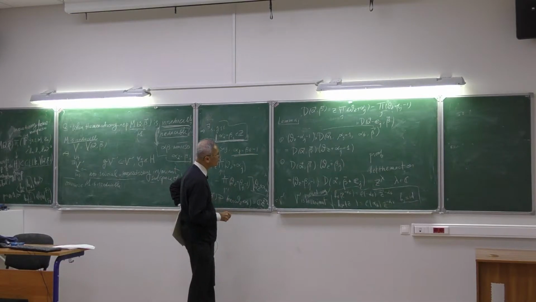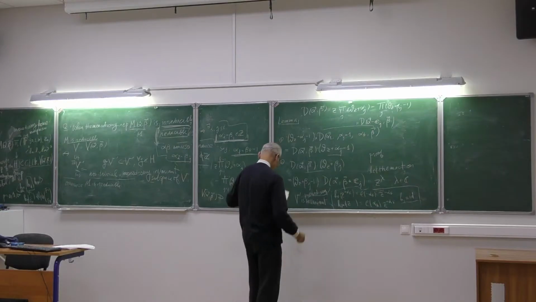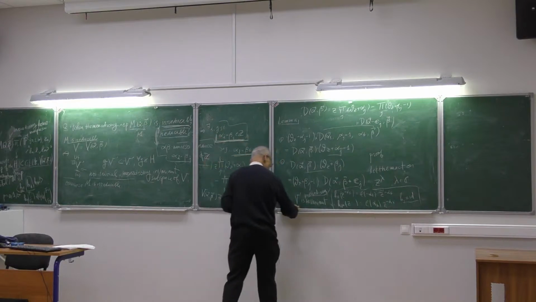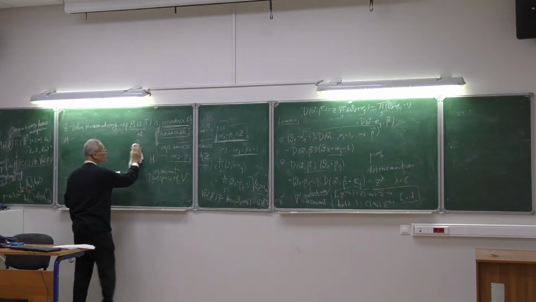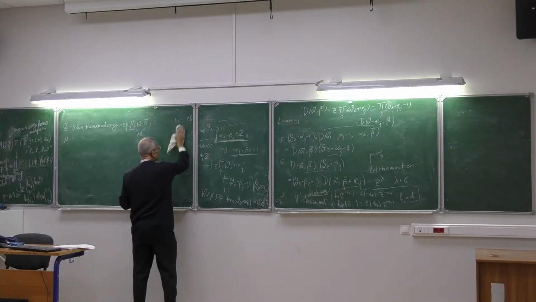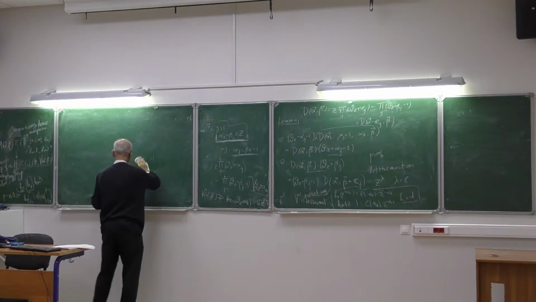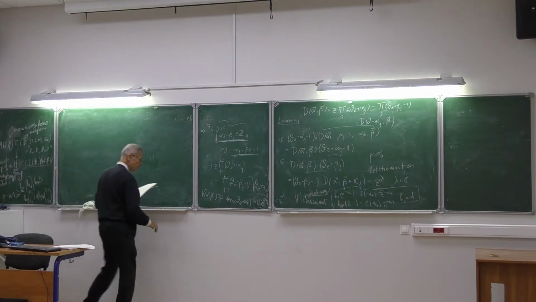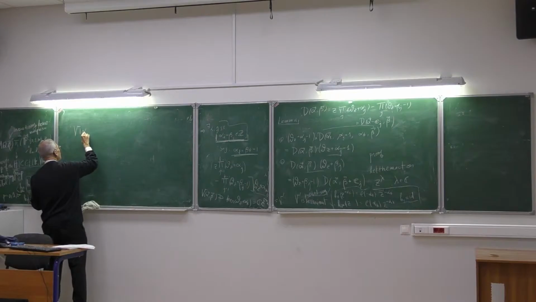But making use of this procedure, maybe I shall write down a commutative diagram. So I have V alpha minus 1 e_j.